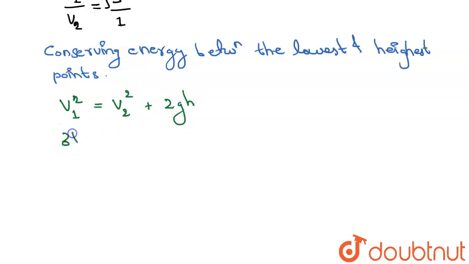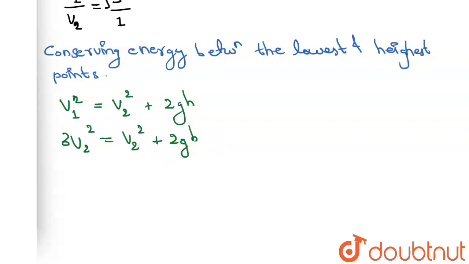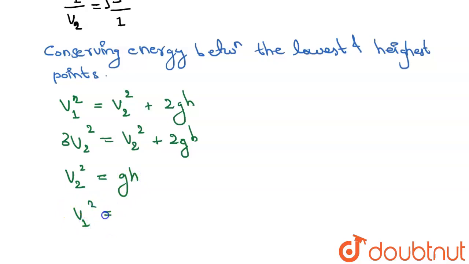This will be 3 times v2 square is equals to v2 square plus 2gh. Now v2 square is equals to g into h, and v1 square is equals to 3gh.